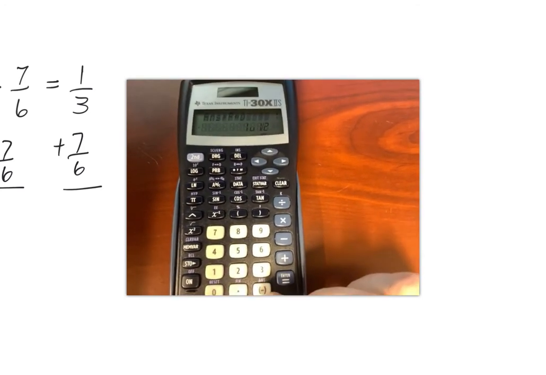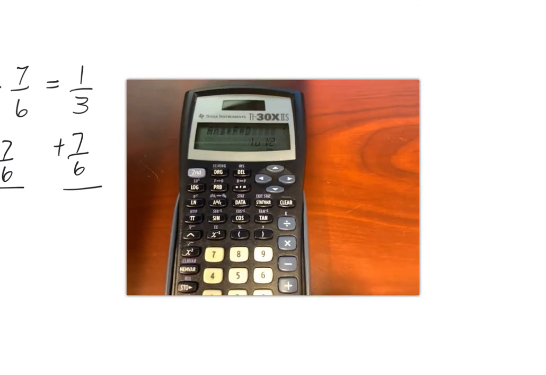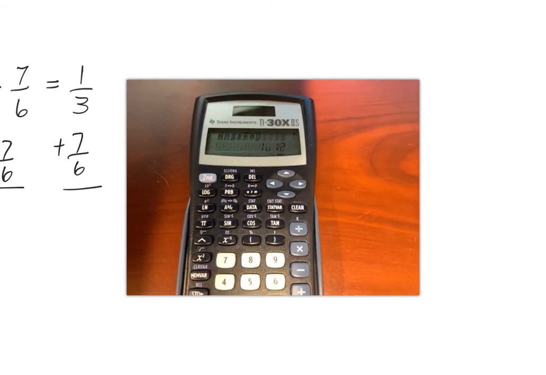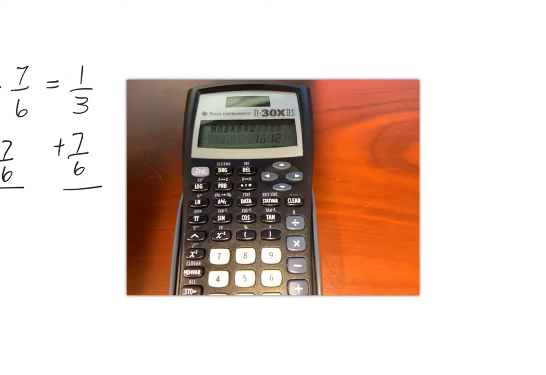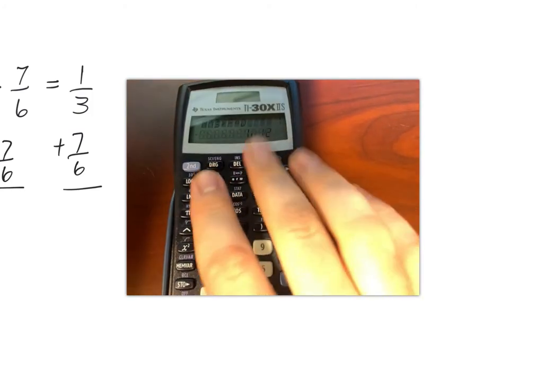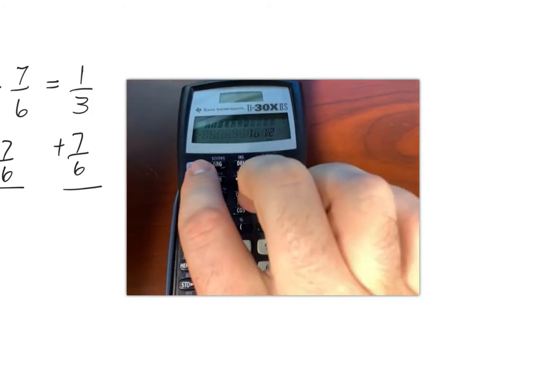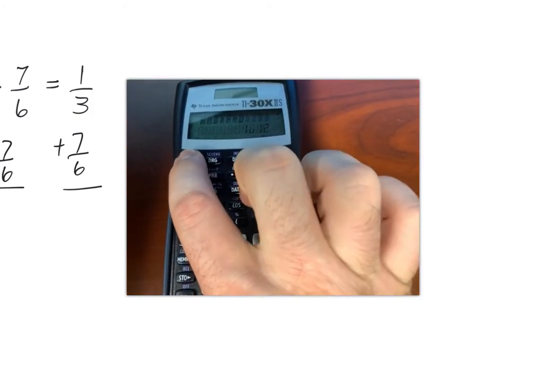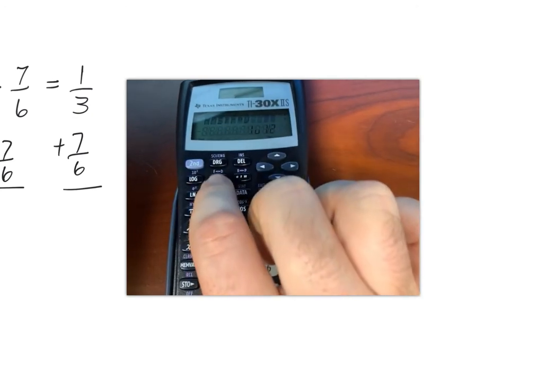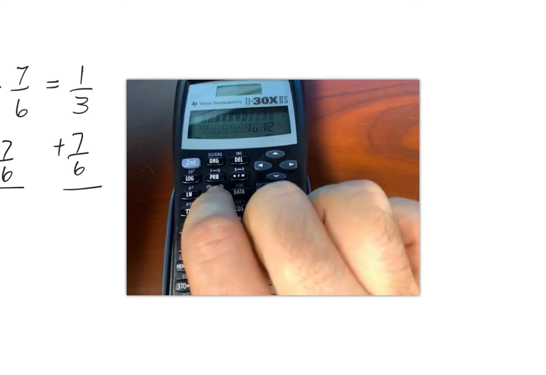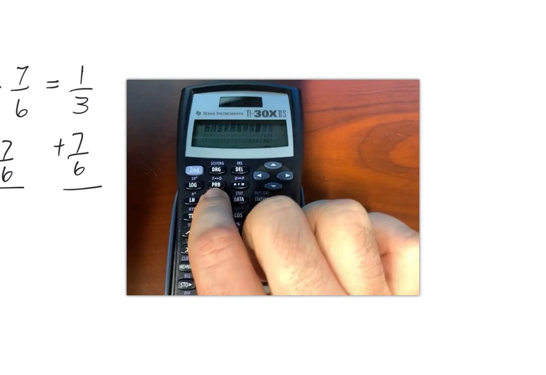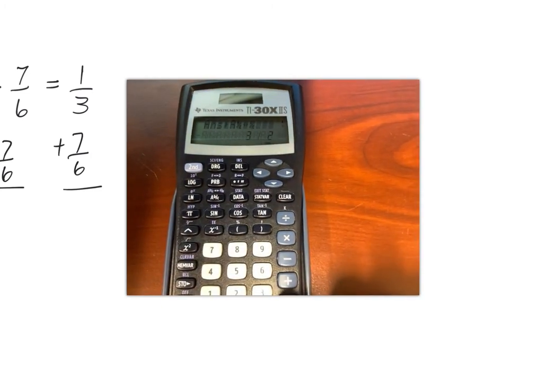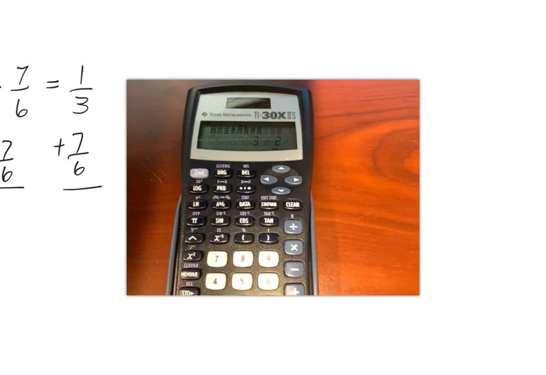That's a mixed number. I would rather have the improper fraction, where it's not a mixed number and the denominator is bigger than the numerator. So basically, if you get a mixed number, there's one more step. Press second again, and instead of pressing PRB, press the key underneath it, the ABC key, and it changes that 1.5 to 3/2.